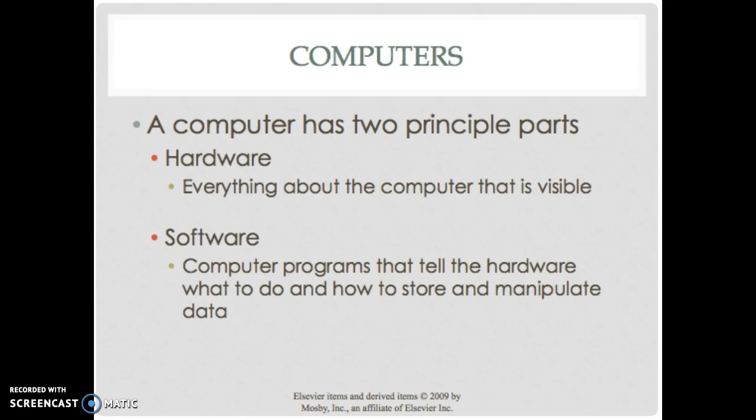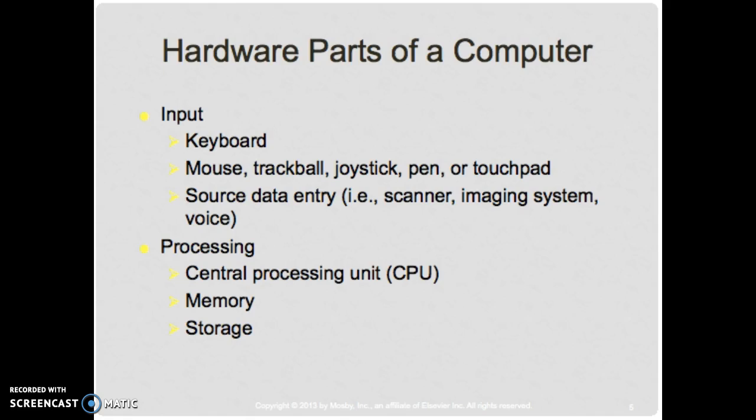The software is the computer program that tells the hardware what to do and how to store and manipulate the data. The parts of a computer: there's the input, so the keyboard, the mouse, the trackball, joystick, pen, touchpad, whatever you're using to put the information into the system. There's the source data entry, so the scanner, the imaging system, the voice, and the processing, so the CPU, the memory, and the storage.